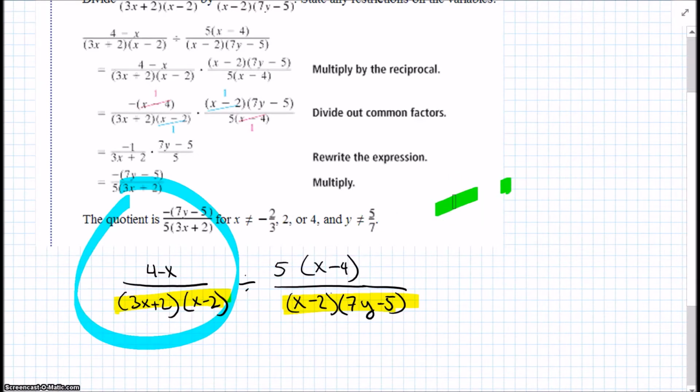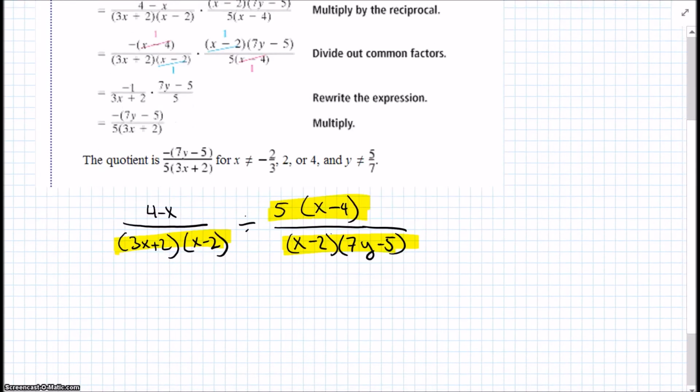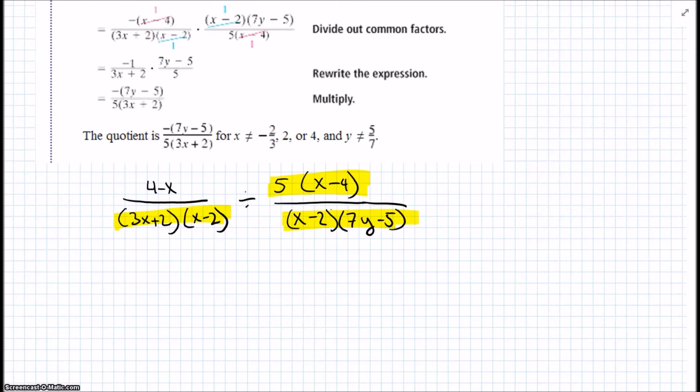So not only can the denominator not equal 0, in this case the numerator cannot equal 0 either. So we have all those restrictions. So let's look at our restrictions. Well, x cannot equal negative 2/3. x cannot equal 2. y cannot equal 5 over 7.